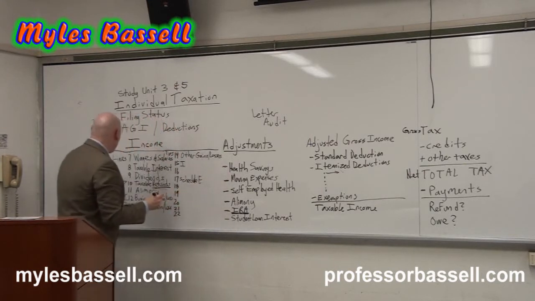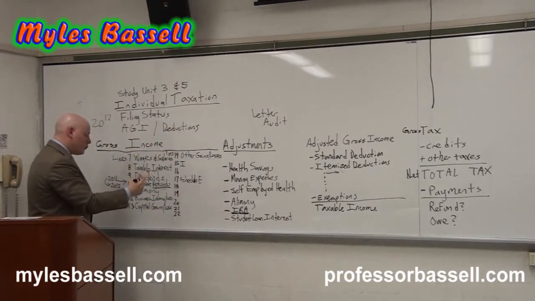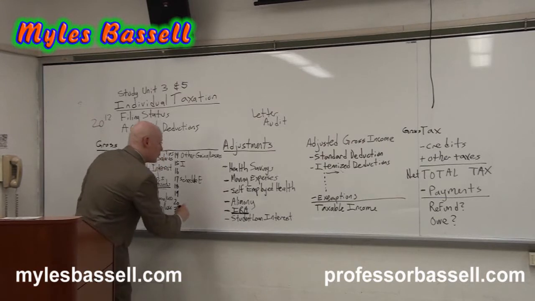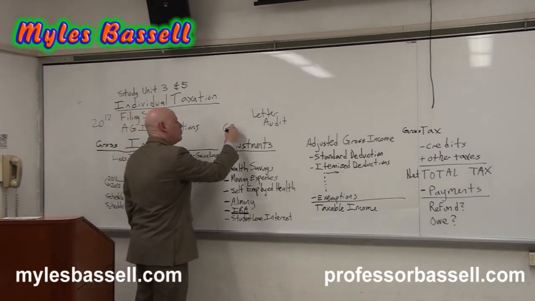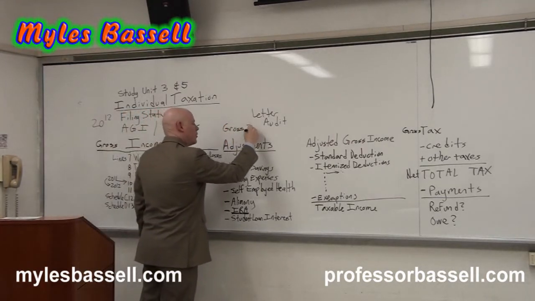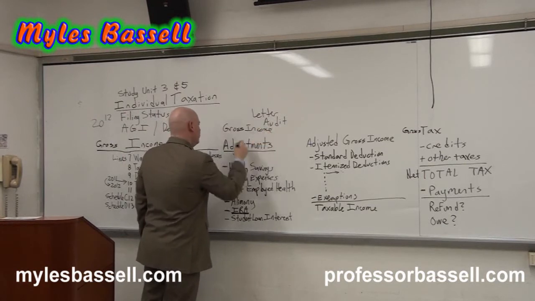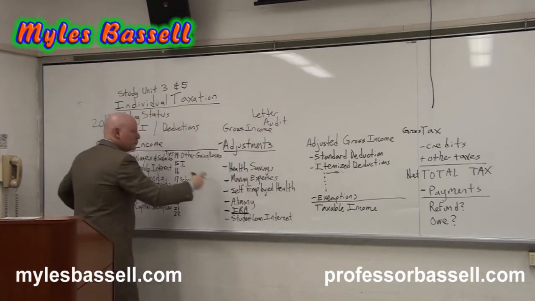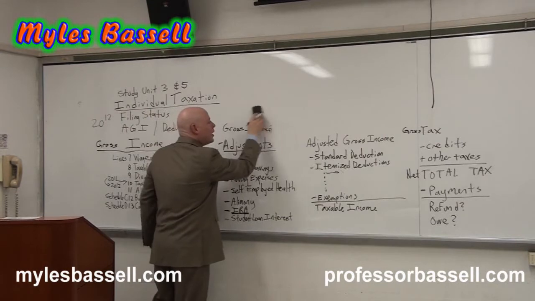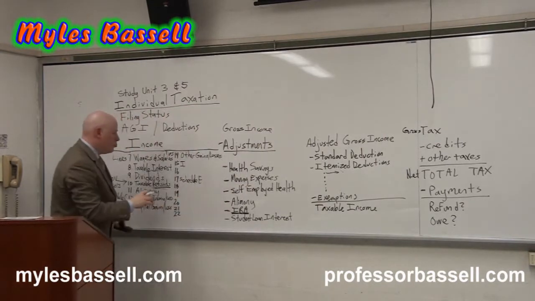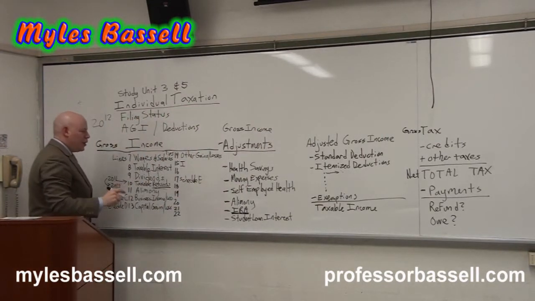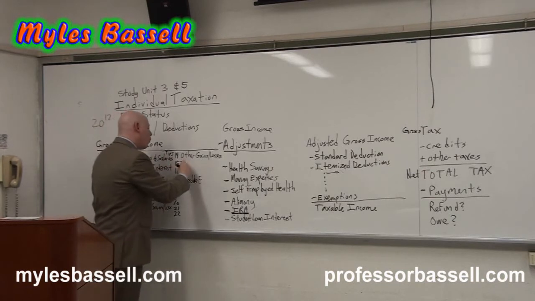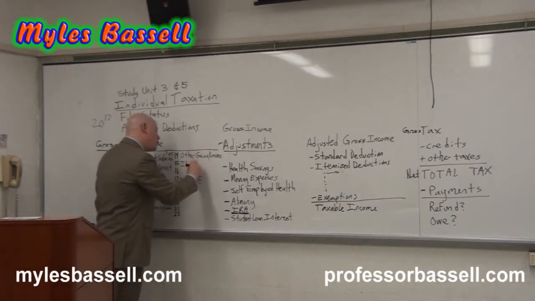So from our gross income, we have these adjustments. And so we make those IRA adjustments, but line 15 says, well, what about if there was an IRA distribution?